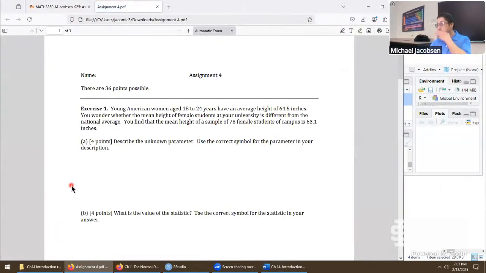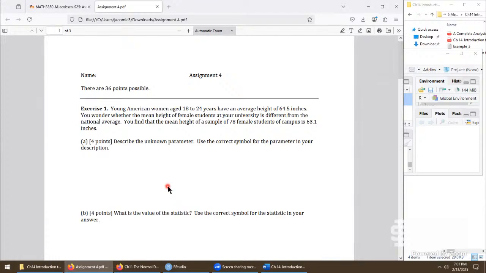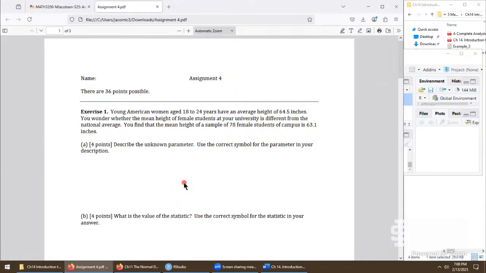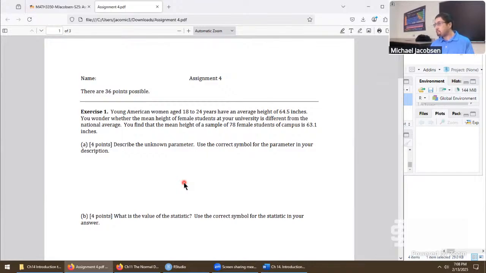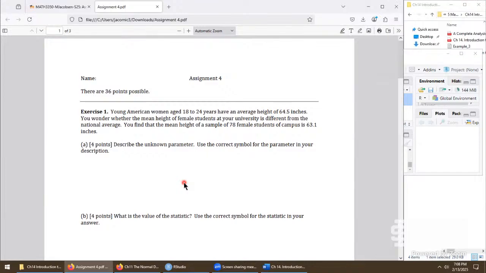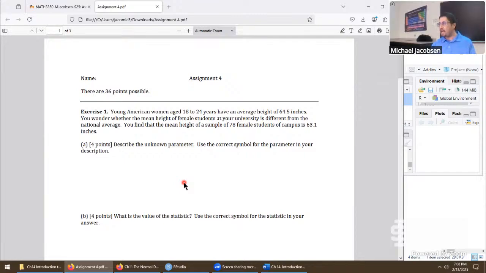Okay. So I was looking at part A, describe the unknown parameter, and it wasn't quite like anything we went over in the lecture notes, so I'm not exactly sure how to do that. Yeah, this one is more similar to the chapter 1 lecture notes when we're describing a parameter. Young women aged 18 to 24 years have an average height.